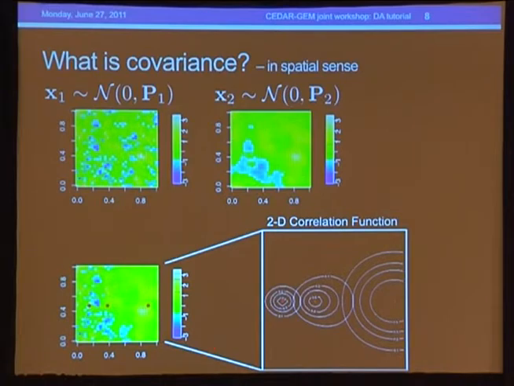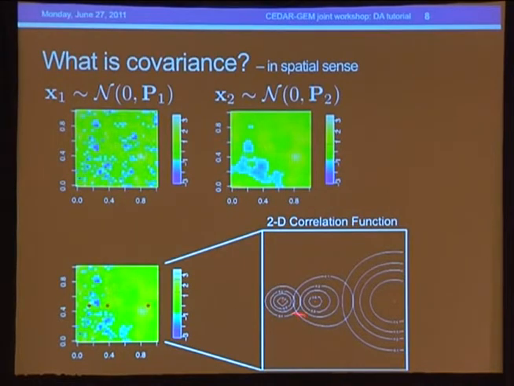If you're doing a spatial analysis, you really want to use the correct covariance or correlation length scale. For example, Martin was asking: let's say this red point is an observation and we don't know anything about the rest, and we want to spread the information as accurately as possible.